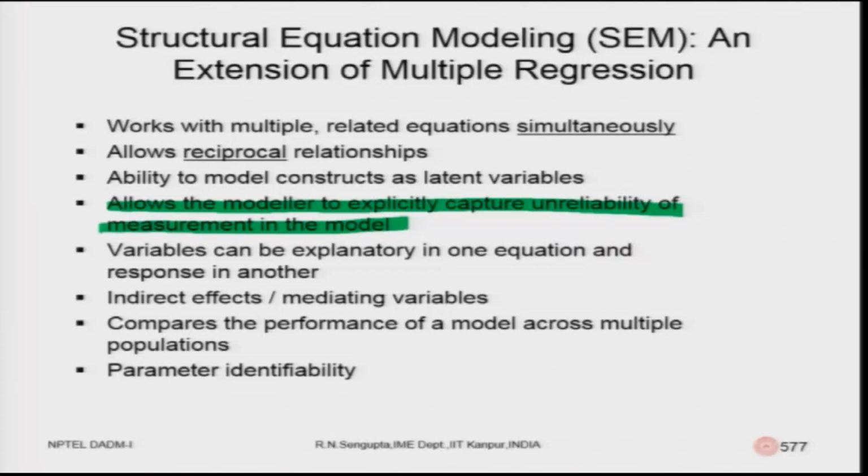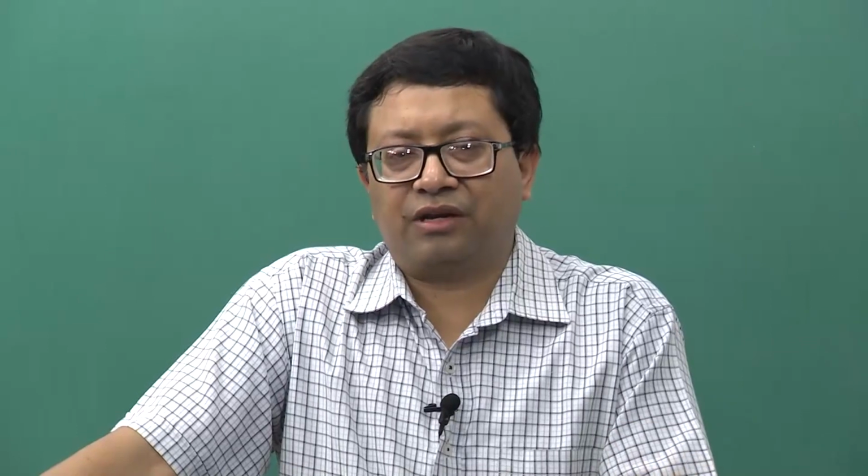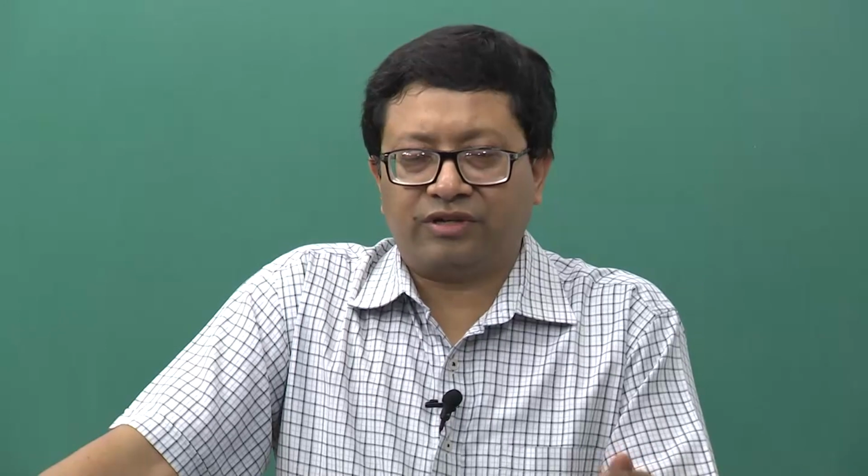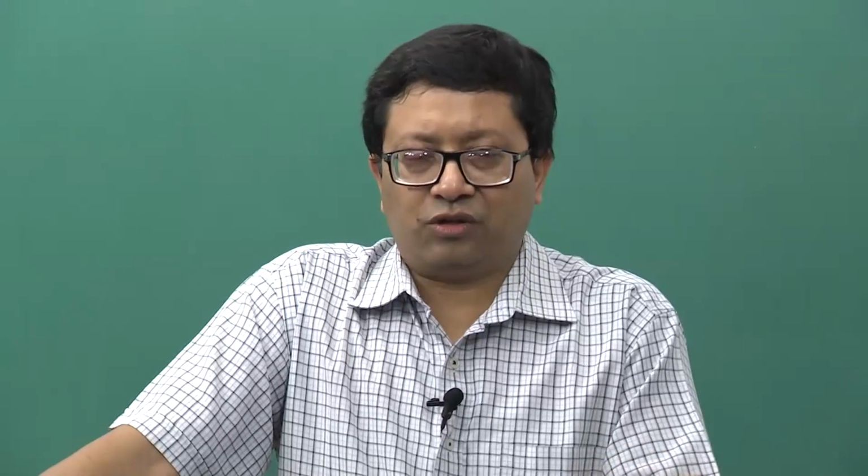So, the variables, depending on their construct, can be explanatory in one set of equations, or dependent or independent variables depending on the modeling framework. So, we will have indirect effects through mediating variables, where random variable x1 affects x2 and then x2 affects x3 and again x3 may affect x1. So, this looping can be considered.